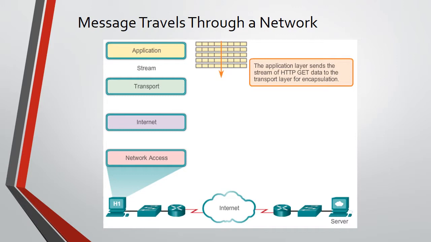This is the job of the application layer protocol within the TCP/IP model, but this includes the functionality described by the application, presentation, and session layers of the OSI model. The application layer sends this data as a stream to the transport layer.